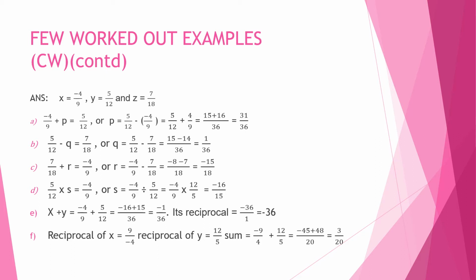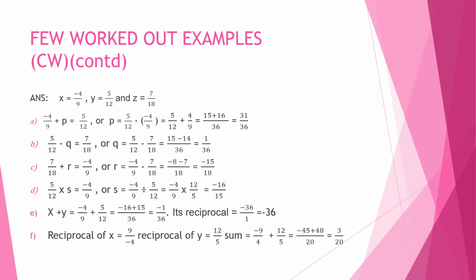There is a minus sign outside as well as inside, and hence minus minus gives us plus. So ultimately it's 5 by 12 plus 4 by 9, and the final answer is 31 by 36. That means 31 by 36 should be added to minus 4 by 9 in order to get 5 by 12. So this is part A.